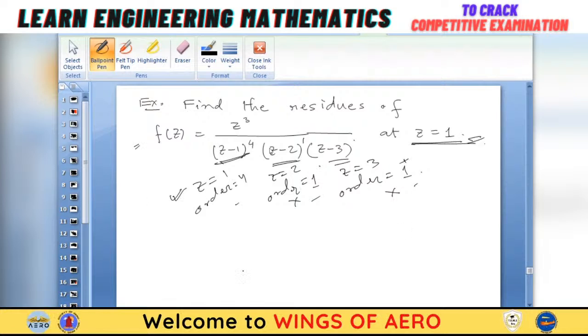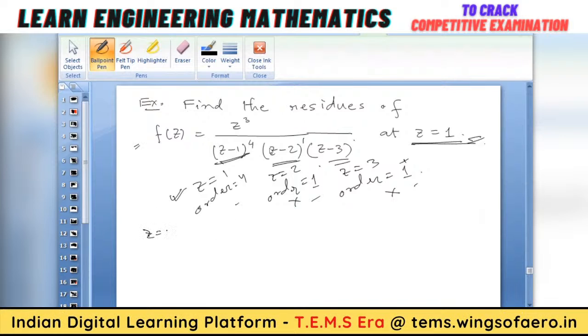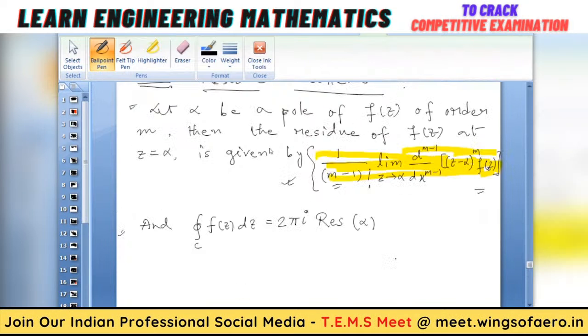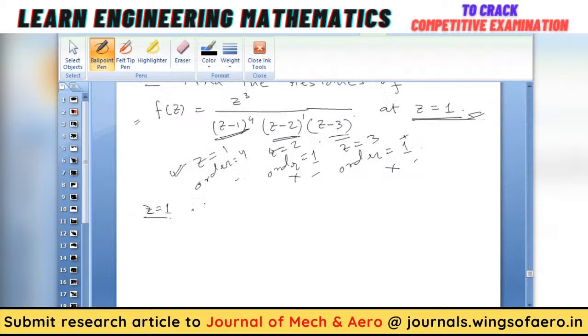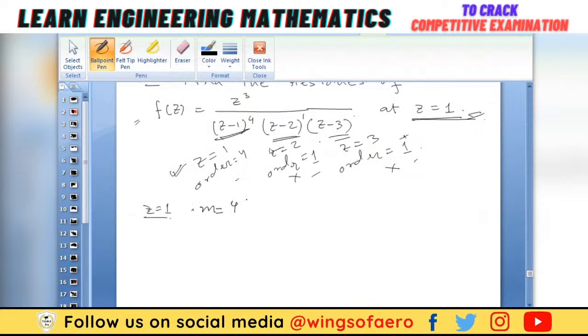Now what is the order? Z equal to 1 is the pole, order is 4. So the order in this formula is represented by m. So m is equal to 4 here. Look at this z equal to 1, the order is 4.